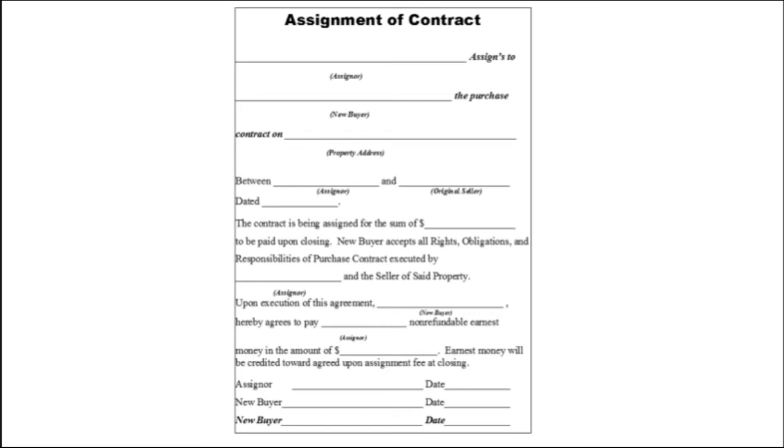What you do with this one-page document then is you staple it to the front of the original purchase and sale agreement, and you make sure that the lawyers are given a copy of it as well. By stapling it to the original purchase and sale agreement, you're fixing it to that, and it becomes part of that purchase and sale agreement. That's all there is to it. It's a very straightforward, simple process.